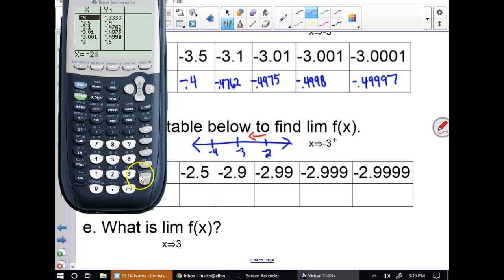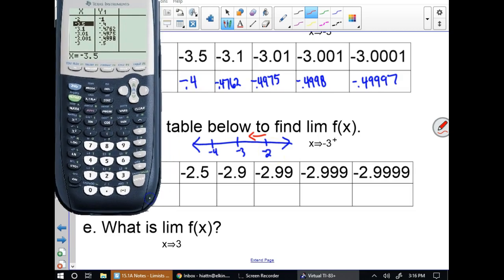So -2 is above -3. That gives me -1. -2.5 gives me -0.6 repeating. -2.9 gives me -0.5263.